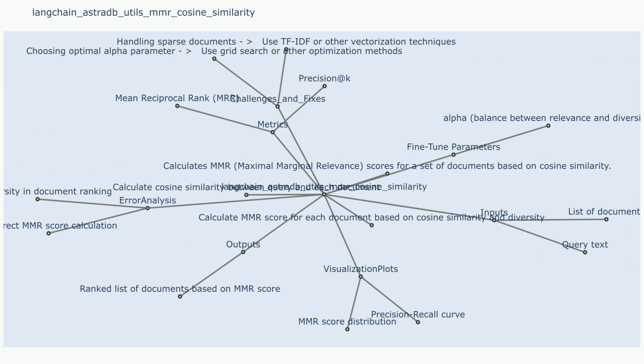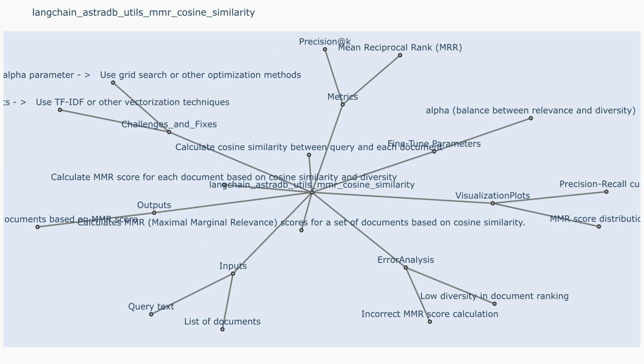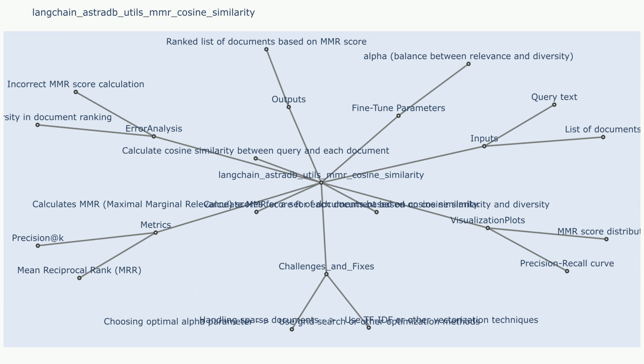Query: the input query or text prompt that the user provides. Documents: a list of documents that have been embedded into vector representations. Outputs. Scores: a list of cosine similarity scores between the query and each document. Ranked documents: a list of documents ranked by their cosine similarity scores with the query.